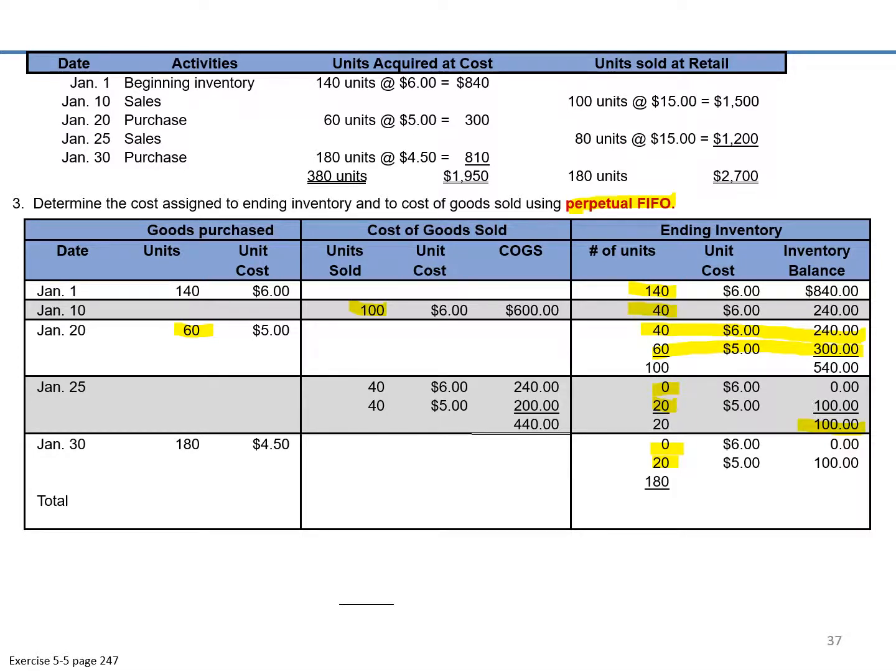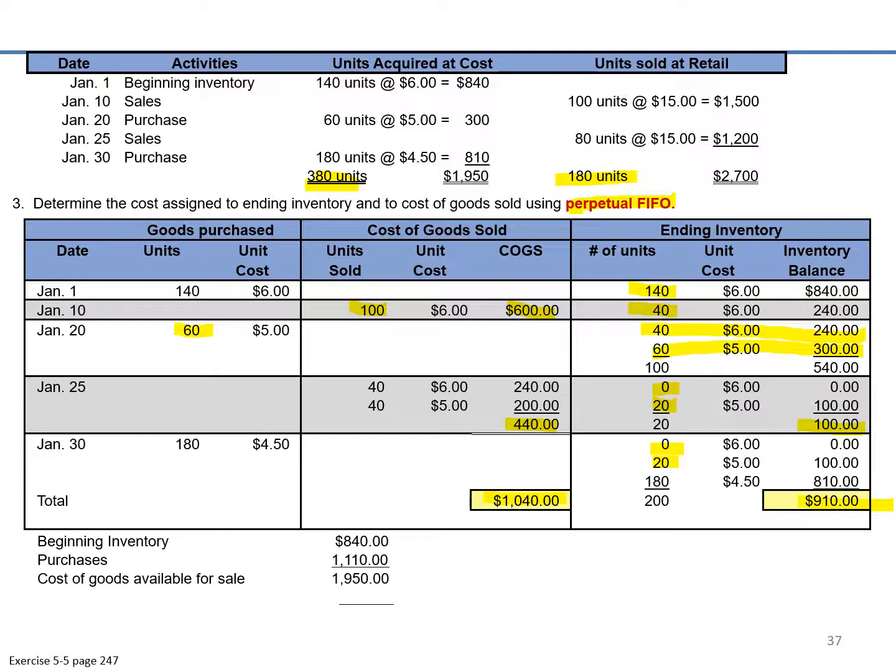And now we have this 180 that we bought on January 30th at $4.50 each. So we have a total ending inventory of 200 units, which is the difference between this 380 and this 180, right? At a total cost of $910. If you add up your 600 and your 440, we have total cost of goods sold of $1,040.